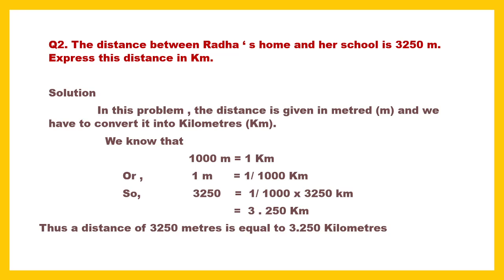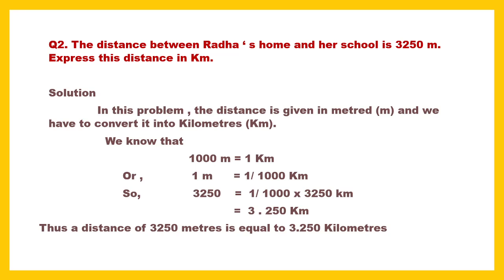So here we can see the distance is given in meter and we have to convert into kilometer. 1000 meter is equal to 1 kilometer, so 1 meter is equal to 1 by 1000 kilometer, and 3250 meter is equal to 3250 divided by 1000, equal to 3.250 kilometer.